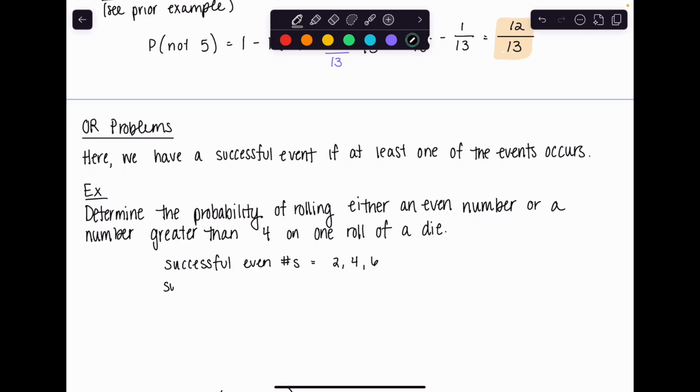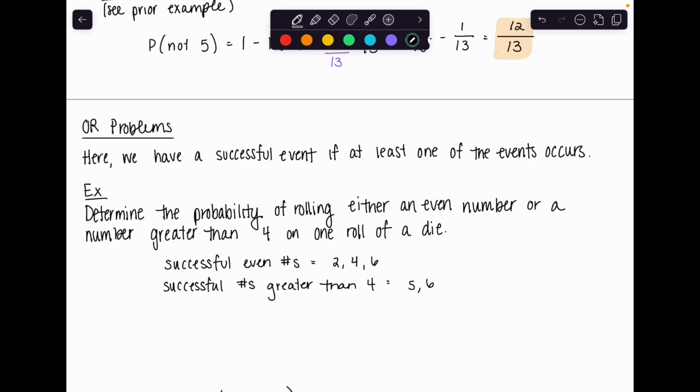And then if I look at my successful numbers greater than 4, again, greater indicates that I cannot equal because those words are not here. So the numbers that are greater than 4 are 5 and 6. So as long as I roll a 2, 4, 5, or 6, I'm going to be successful for this particular event of getting an even number or a number greater than 4.